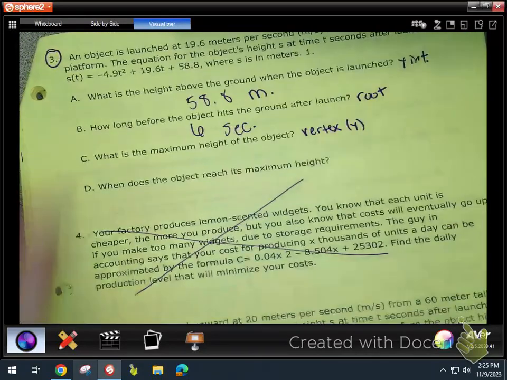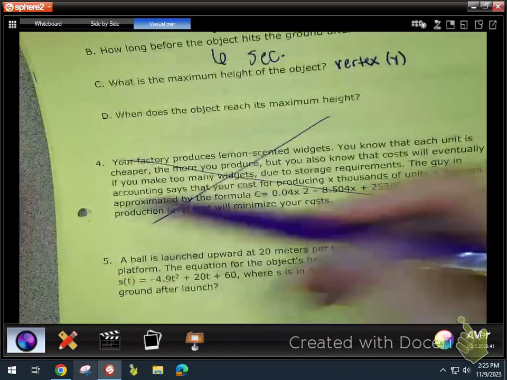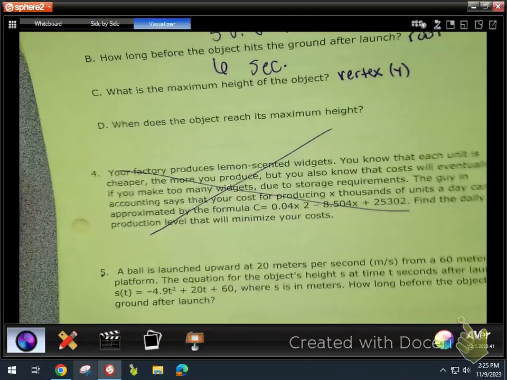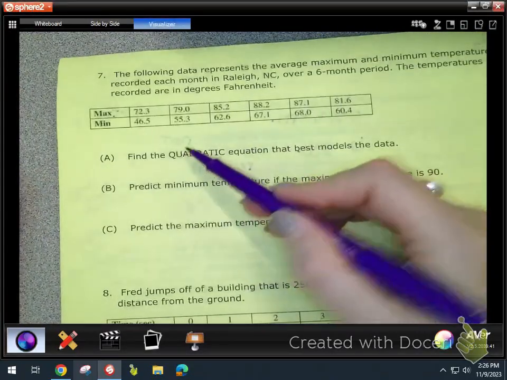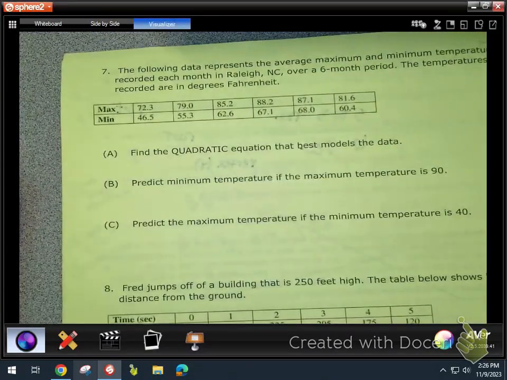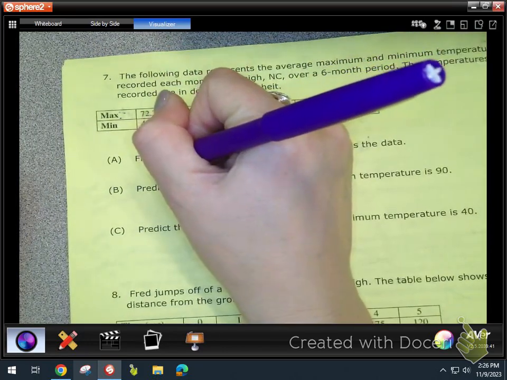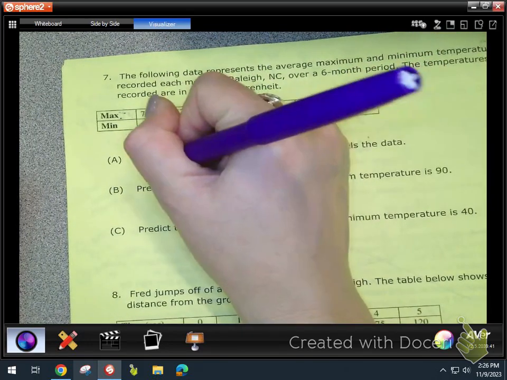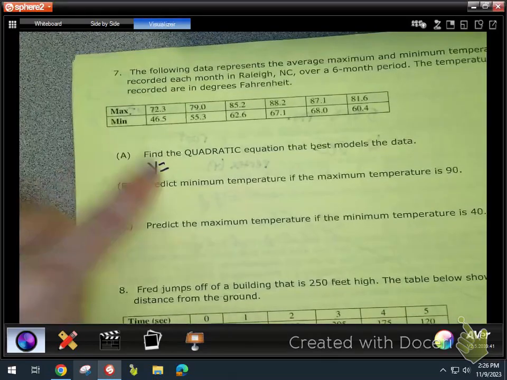So listen up real quick. I want you to keep working through 3, 5, and 6. I'm going to put the answers up here so you can see. On the back, 7 and 8 are asking for quadratic equations. What does an equation have to have? Do not miss that on the test.